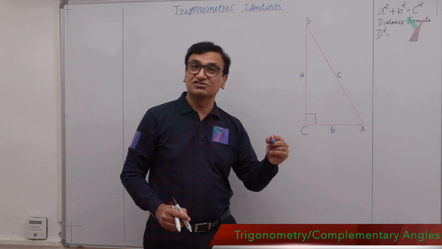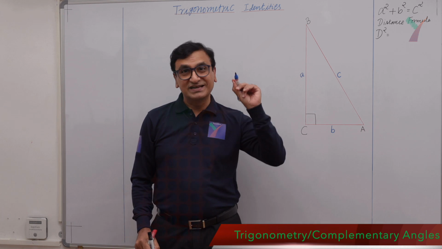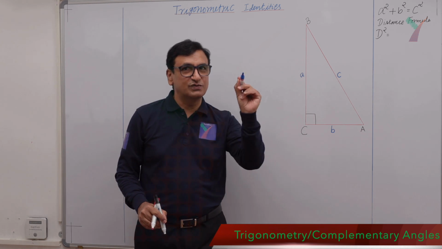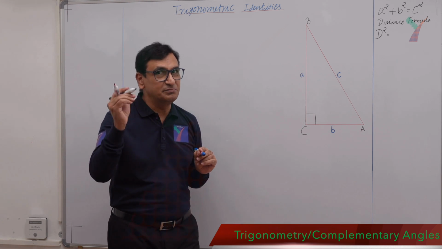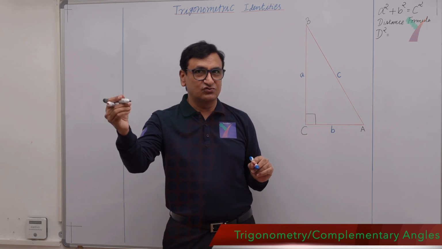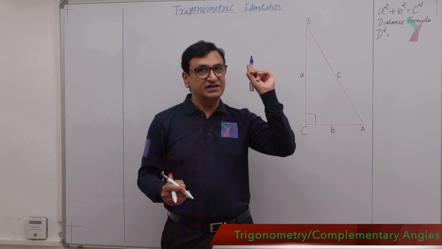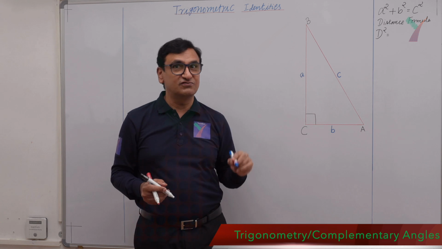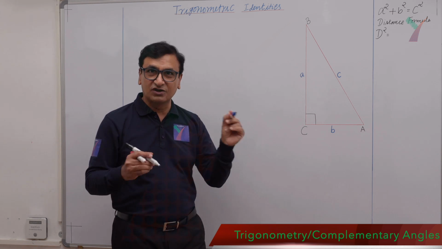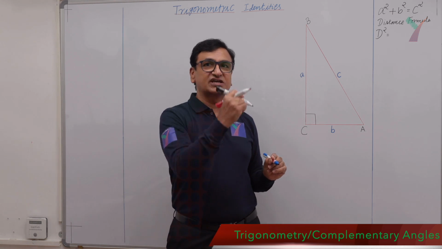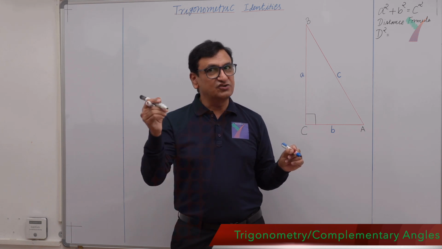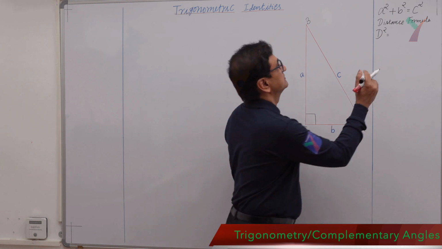If you have a point A with coordinates x1, y1 and a point B with coordinates x2, y2, the distance d between A and B is given by the following formula. D square equals x2 minus x1 the whole square plus y2 minus y1 the whole square.